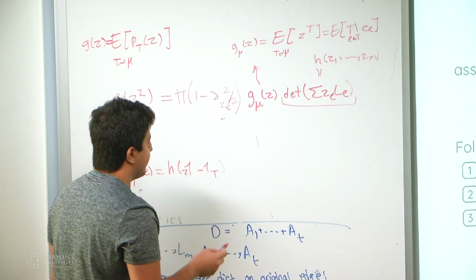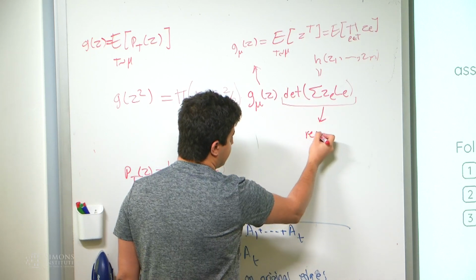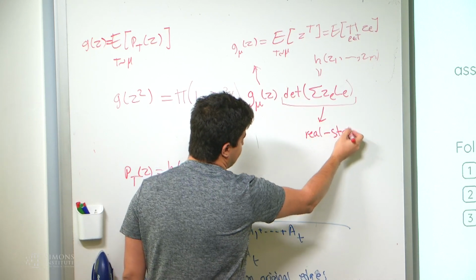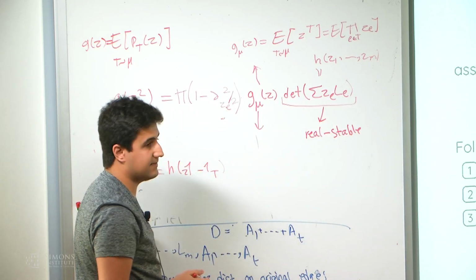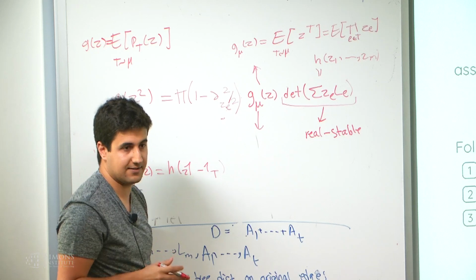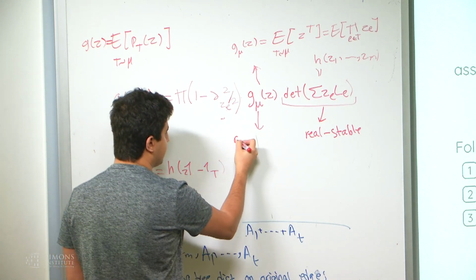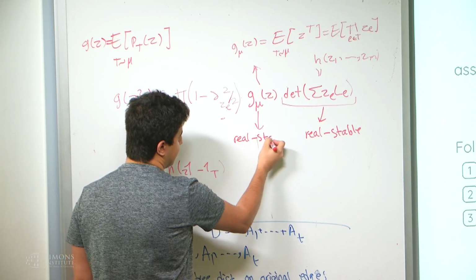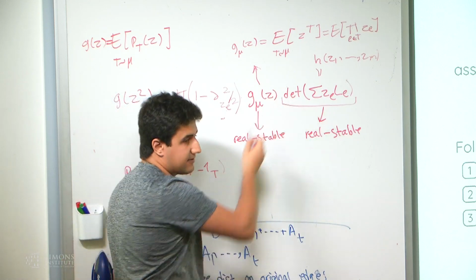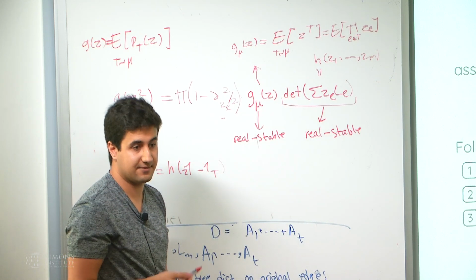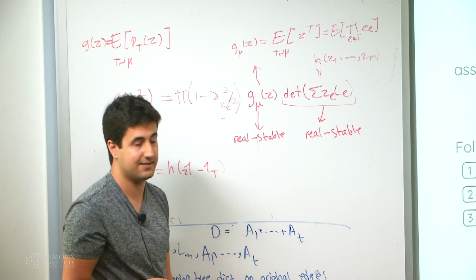Now the point is that this is a determinantal polynomial, so it is real stable. This also turns out to be a polynomial capturing a strongly Rayleigh distribution. So it's the generating polynomial of a strongly Rayleigh distribution, so it is also real stable. So once you take the product of two real stable polynomials, you still get a real stable polynomial.